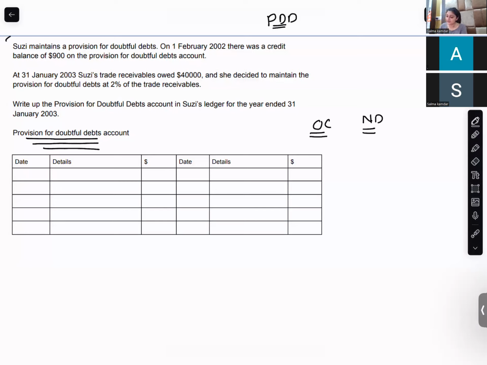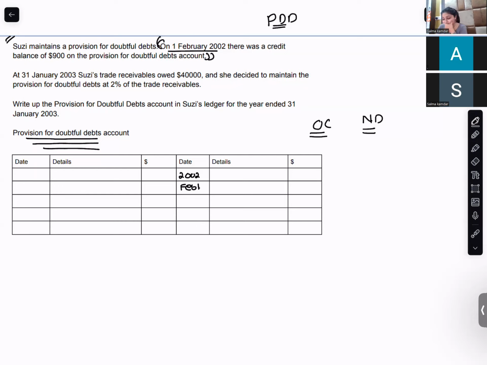Come on, now read the question. Susie maintains a provision for doubtful debts. On 1st February 2002, there was a credit balance of 900 on the provision for doubtful debts account. Analyze, tell me where will this go?